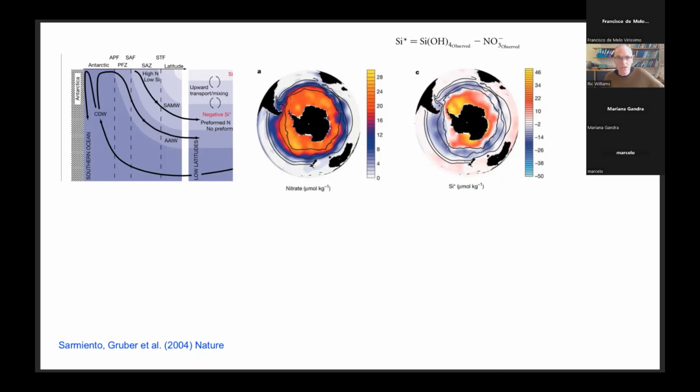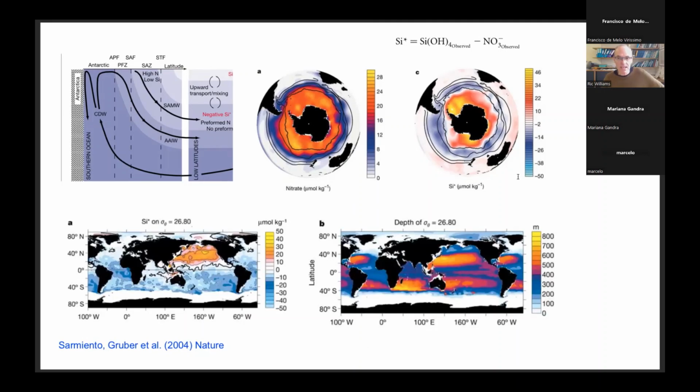They then looked to see how this connected to the rest of the world's oceans, and showed that over much of the global ocean, apart from the North Pacific, we can see negative values of this silica star as marked in blue. That then points to the source of those nutrients being from the Southern Ocean.